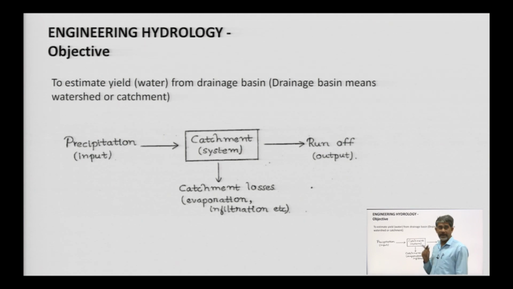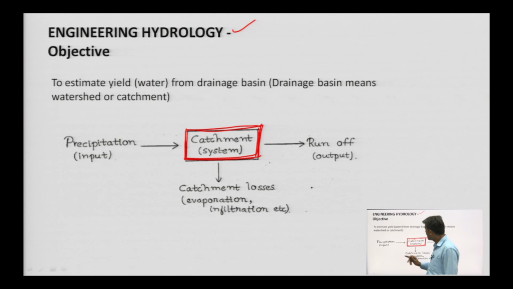The ultimate objective of engineering hydrology can be understood through this picture. Suppose this is our study area. In technical terms it is defined as a catchment system or catchment area.